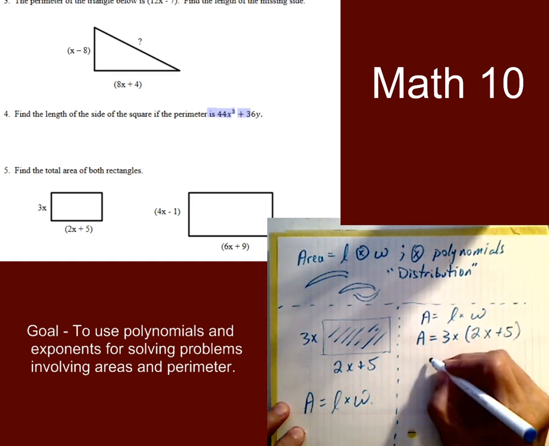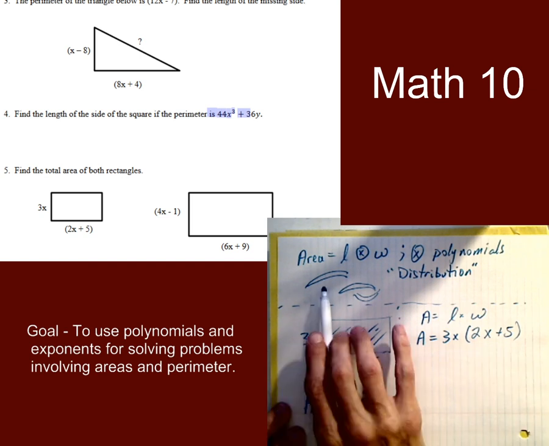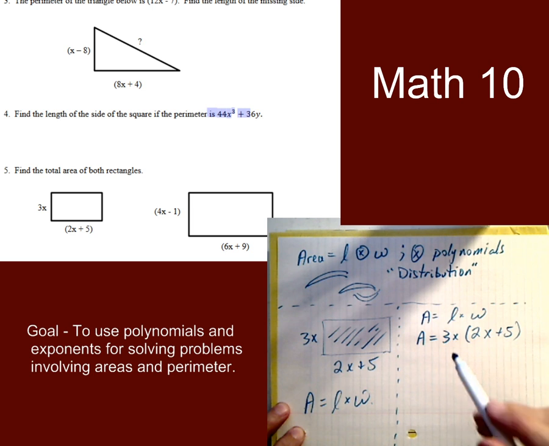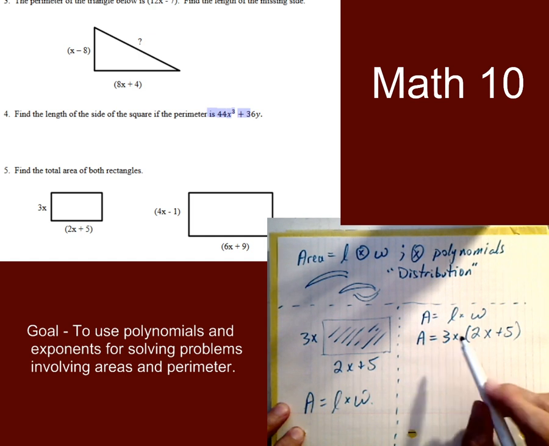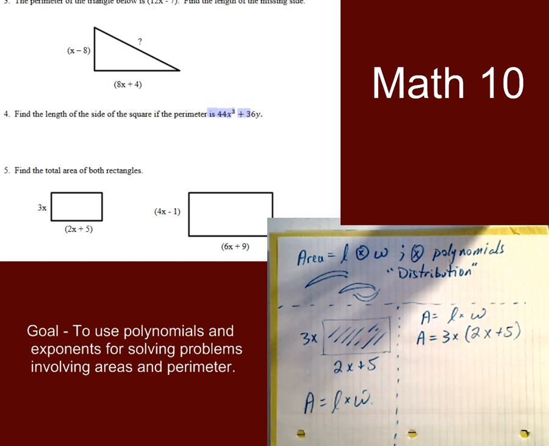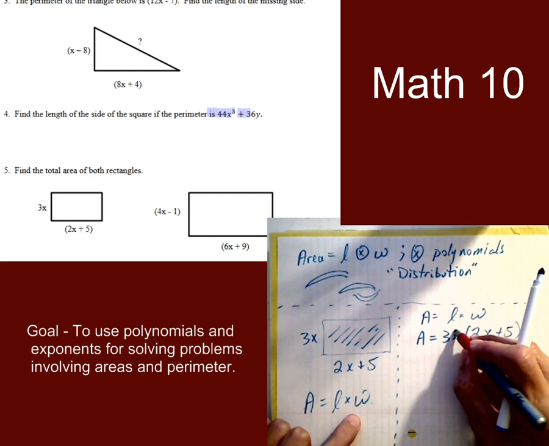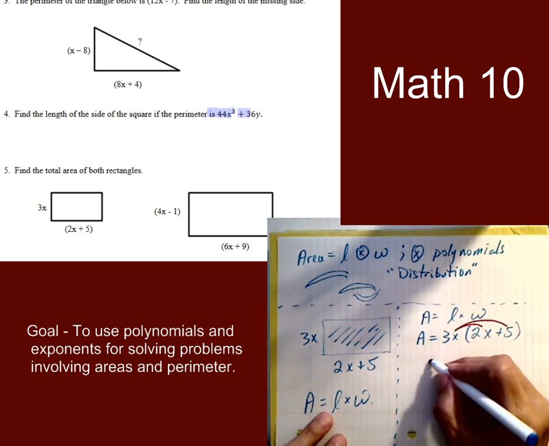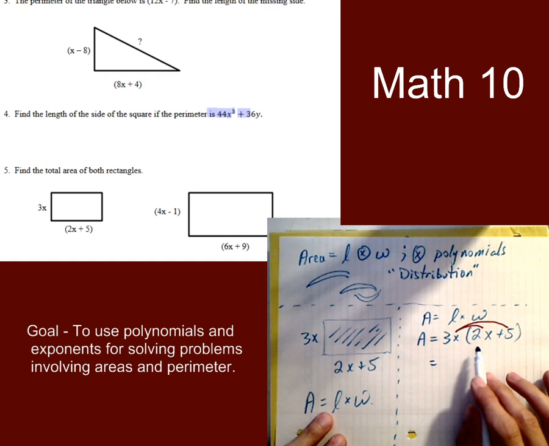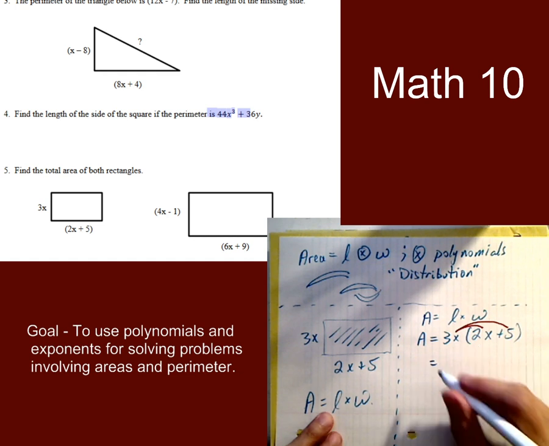All right, so as promised, here we're going to do the eyebrow. We have the 3x on the outside. That has to multiply by the 2x on the inside, and then with the 5. So that's going to look like this. That 3x is going to multiply with that, and then it's going to multiply with that. So doing the first one first, we have 3 times 2, which is 6.